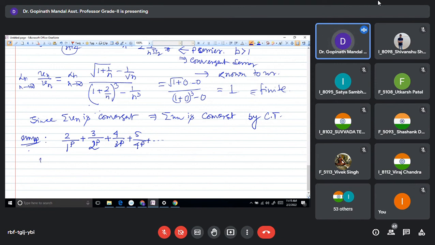So here un is equal to n plus 1 by n to the power p.